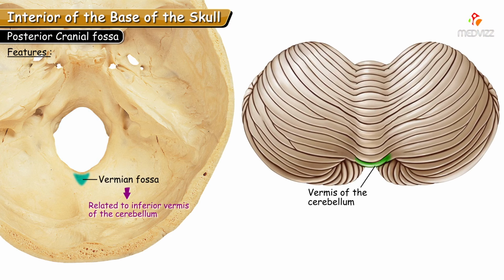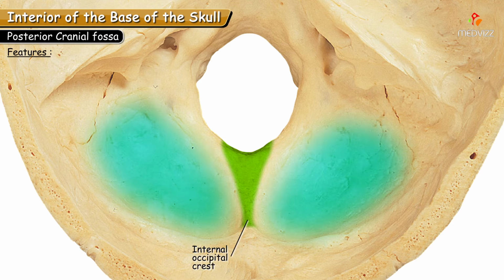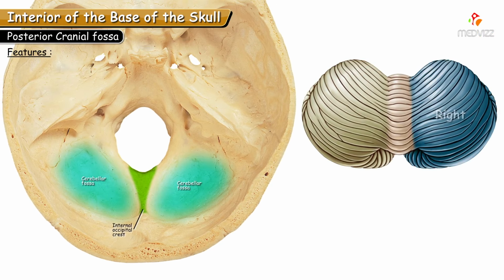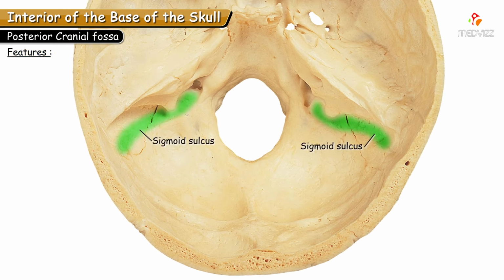So vermis is a connection between the two cerebellar hemispheres. So the lower part of the vermis is related to the Vermian fossa. And on each side of the internal occipital crest, there are shallow depressions called cerebellar fossa, which lodge the right and left cerebellar hemispheres.